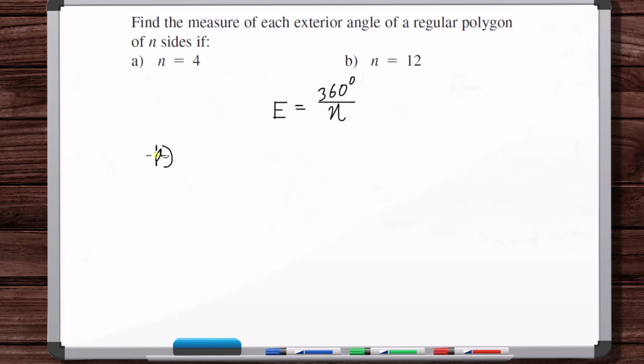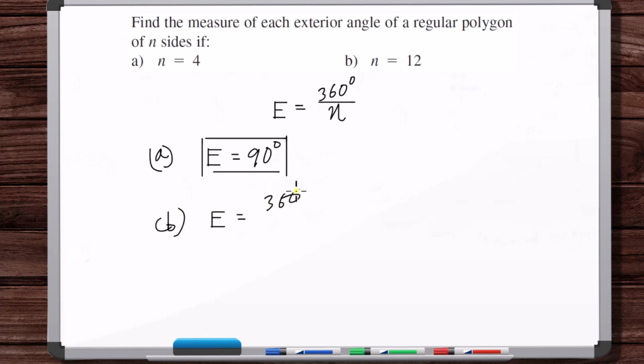So part A, we're going to have 90 degrees as each exterior angle. And part B, we're going to have 360 divided by 12, so 30 degrees.